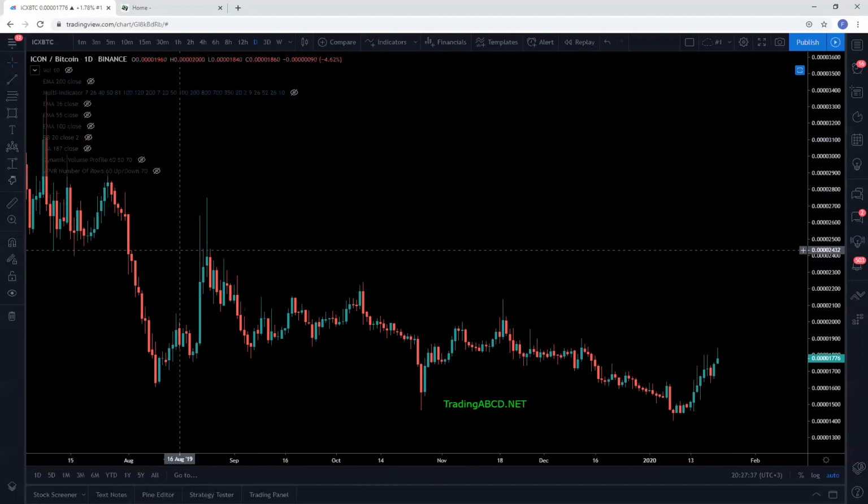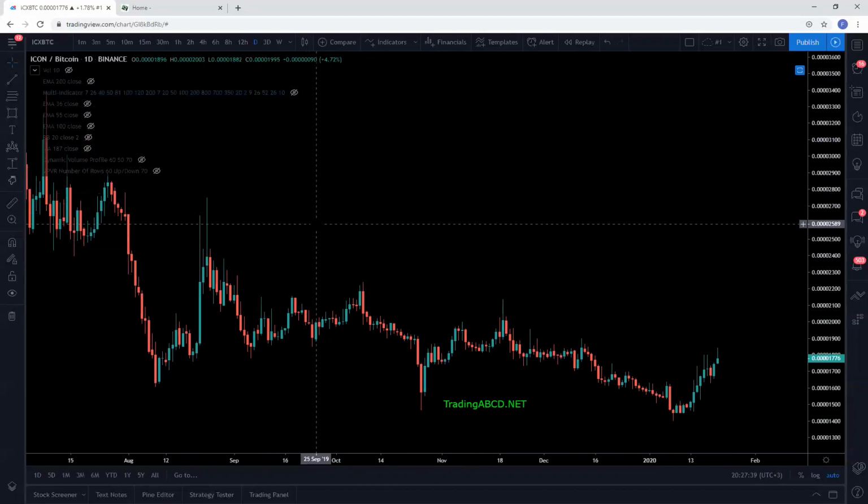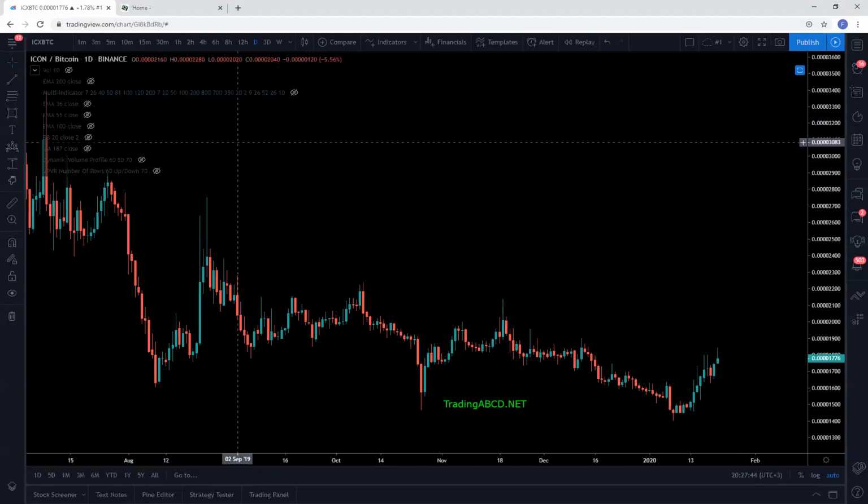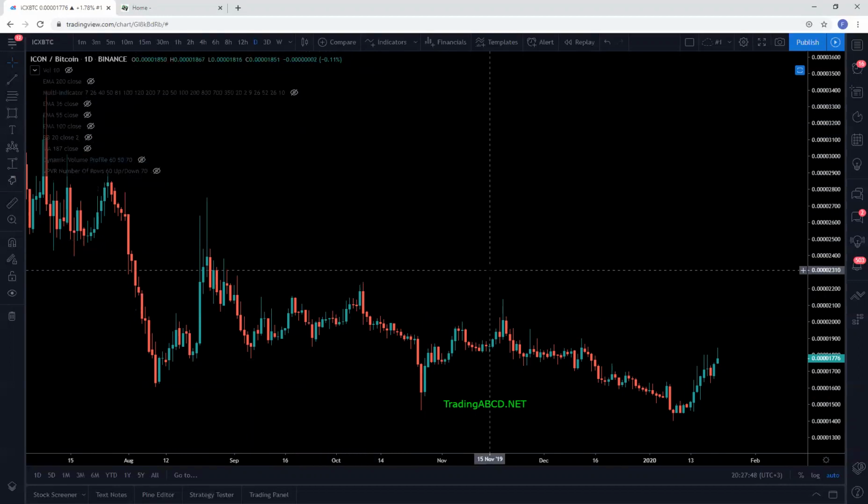This is the daily chart. First, I am telling you why I am analyzing ICX BTC. For the reason that I started getting alerted that ICX BTC is breaking through the daily downtrend.